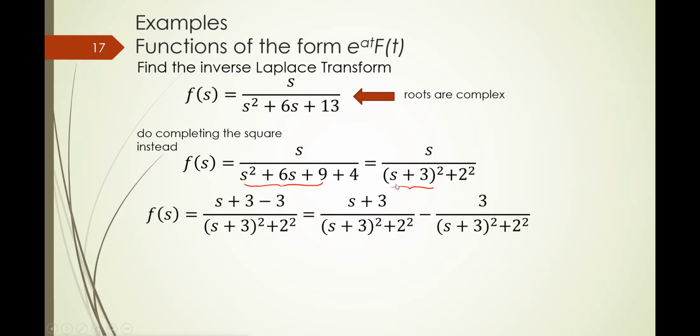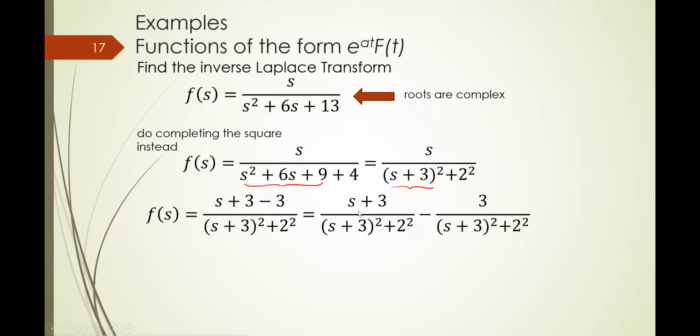So what do we do? We supply a plus 3, just like here, but then you have to subtract also to remove the effect. So you add and then subtract. So on top and at the bottom, it's similar. It's s plus 3.